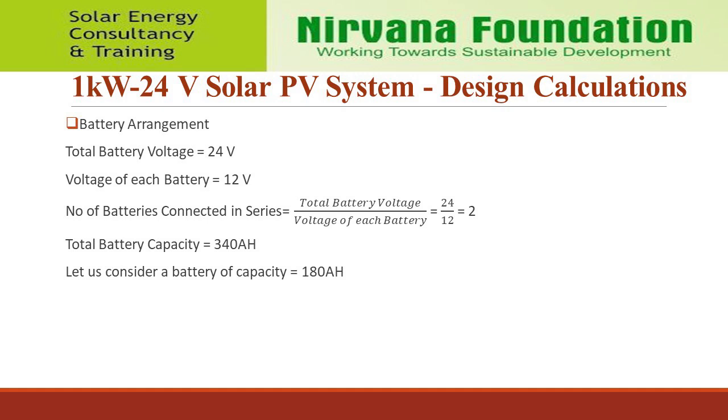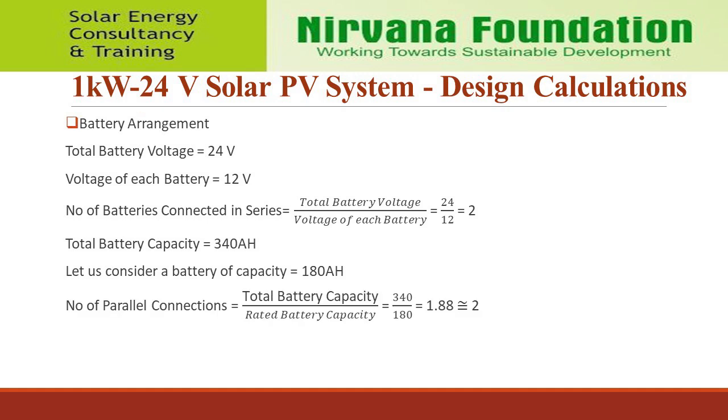Let us consider a battery capacity of 180 Ah. The number of batteries to be connected in parallel to get the required rating is calculated using the formula: total battery capacity divided by rated battery capacity. Substituting the values we get 1.88. Rounding it off to 2.